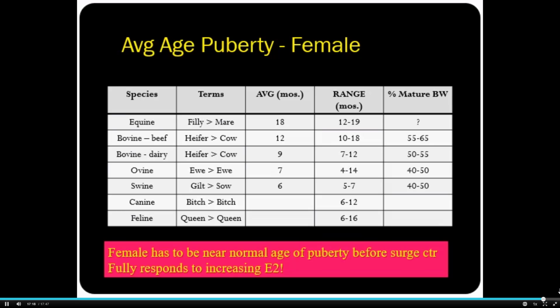We know there are other factors that we're going to talk about in subsequent videos, but just realize there's typically a normal age range where, regardless of what we do, they're going to fall into that puberty range. Now, we can select, we can feed, we can do some things with the environment that would help improve that age of puberty, but again, it's typically going to be around a pretty predictable age.